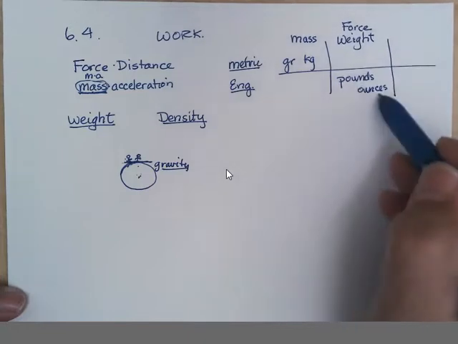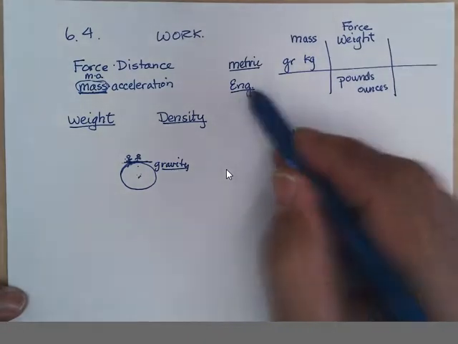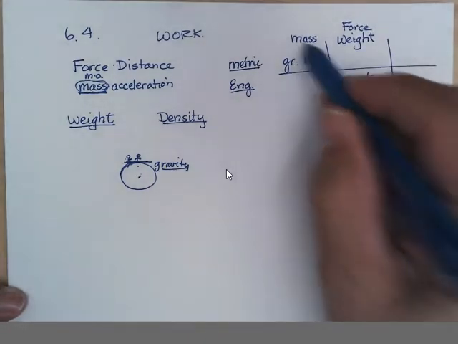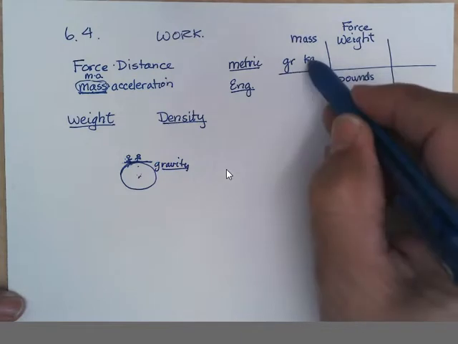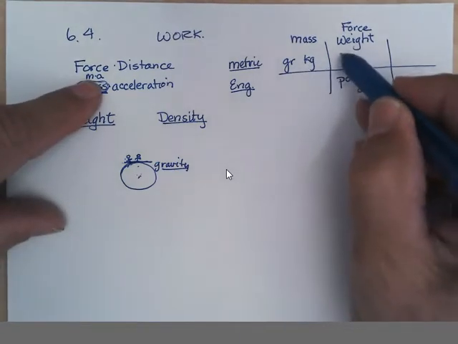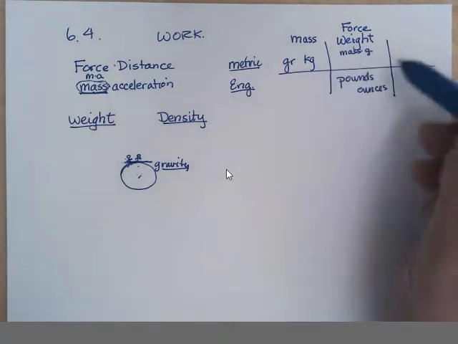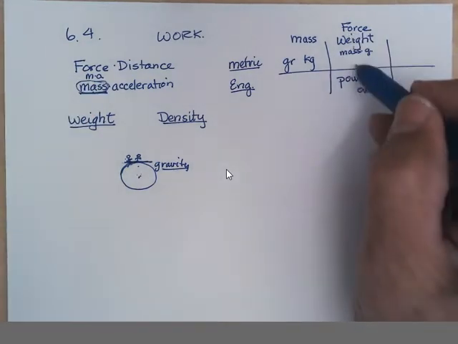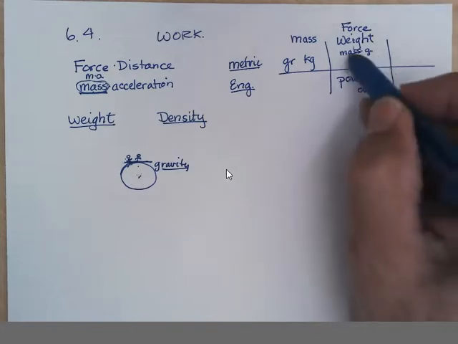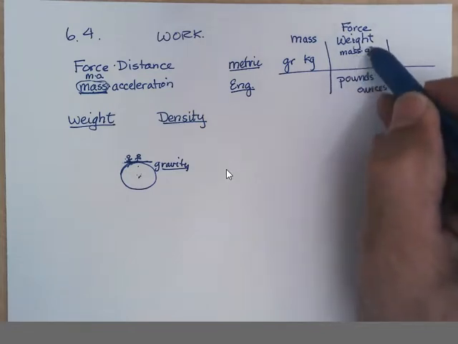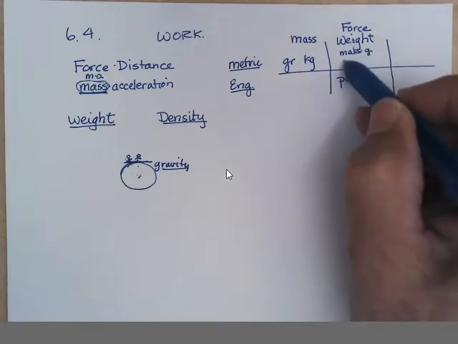It's measured in pounds in the English system. And in the metric system, you have to take the mass times the acceleration due to gravity, and that gives you the force. Mass times acceleration due to gravity in meters per second squared is a Newton.